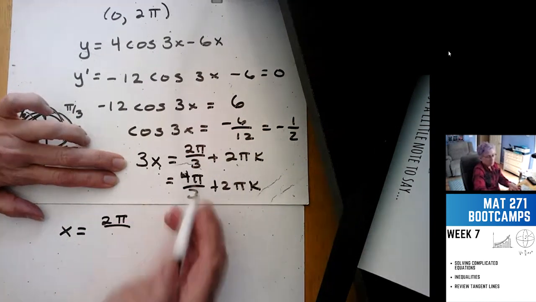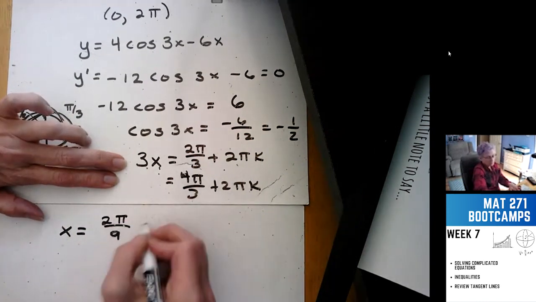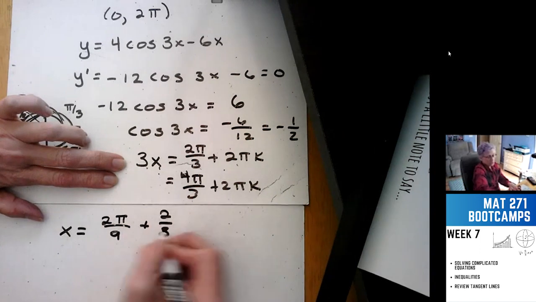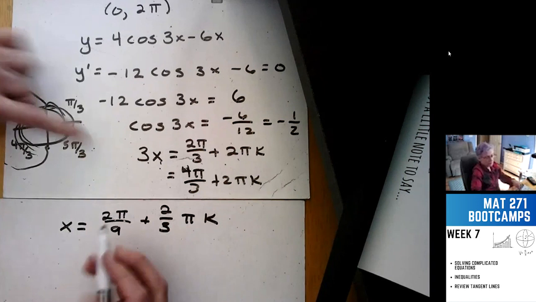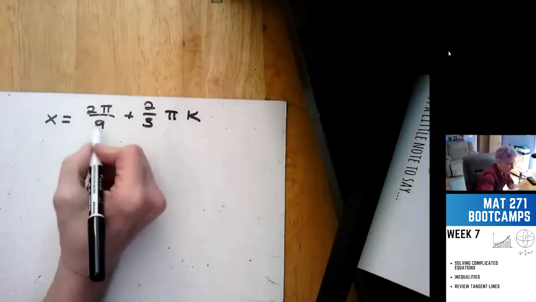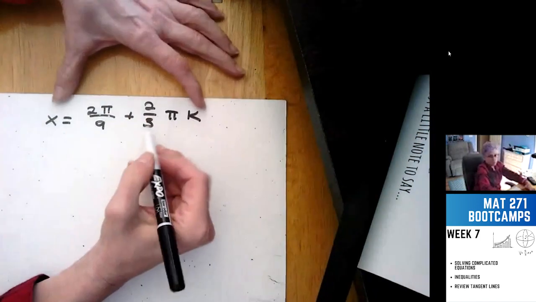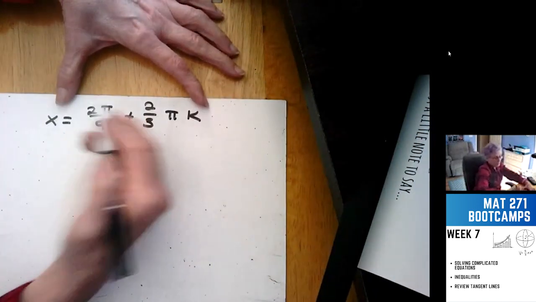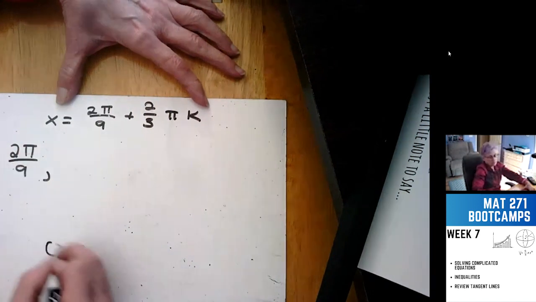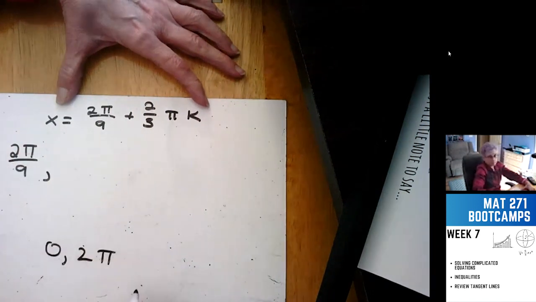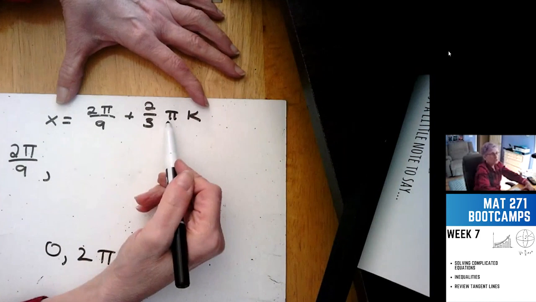So 2 pi over 3 times 3 plus 2/3 pi k. And then you'll do the same thing with 4 pi over 3. So you need to finish by figuring out, well, you know 2 pi over 9 lives between 0 and 2 pi. What if we add 2/3 pi to it?